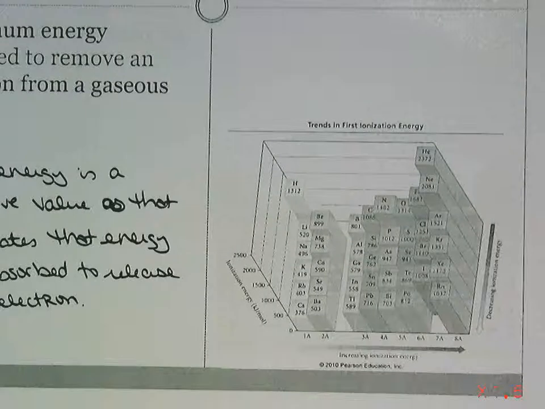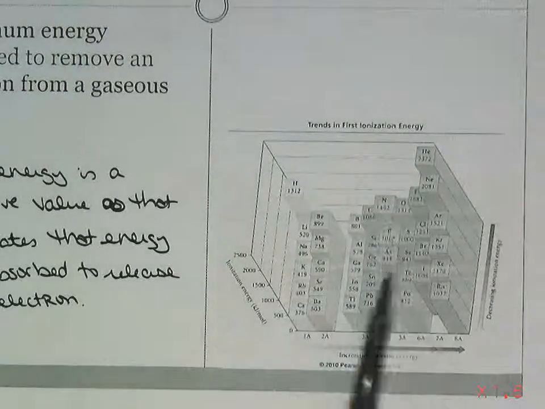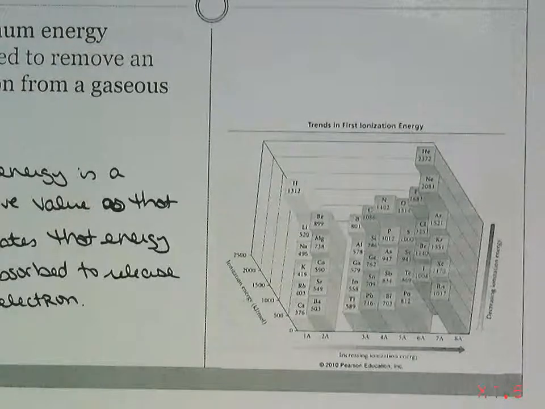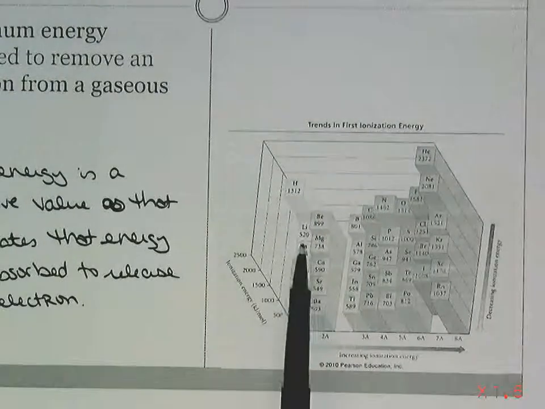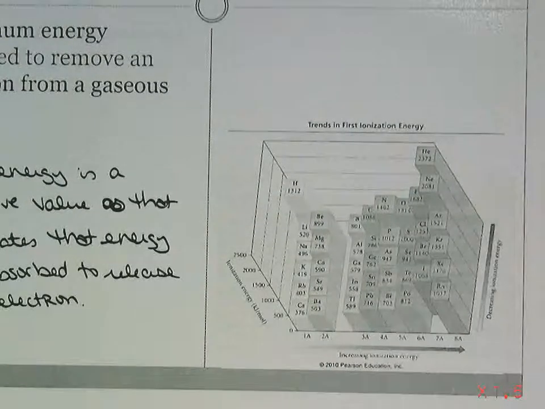So, which of these two, 520 or 1681, is the lower value? All right, 520. If it's a lower value, what does that tell you about the likelihood it will release an electron? More likely, right? Takes very little energy, so it's more likely to release an electron.